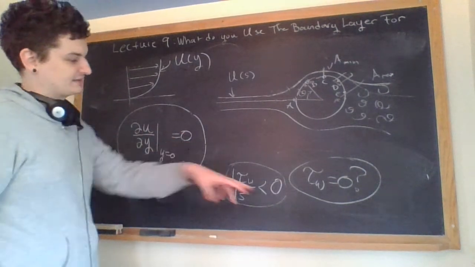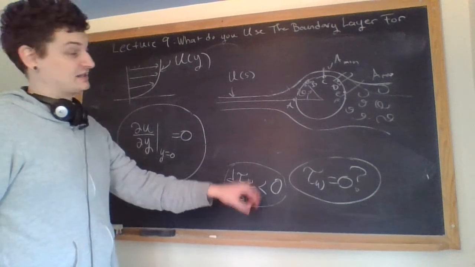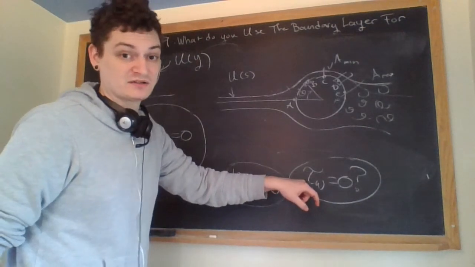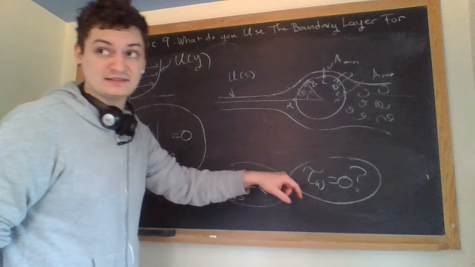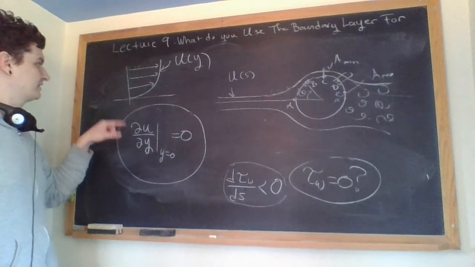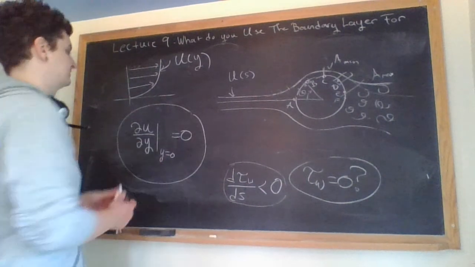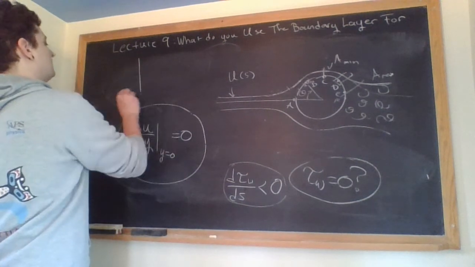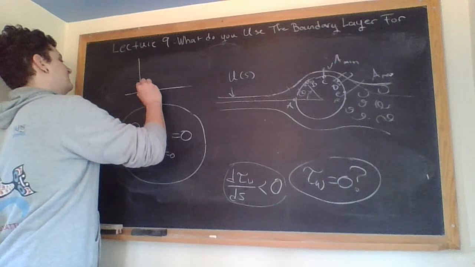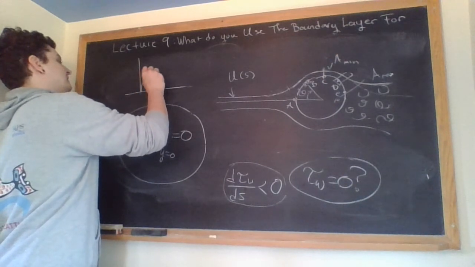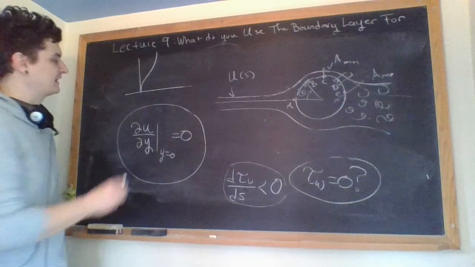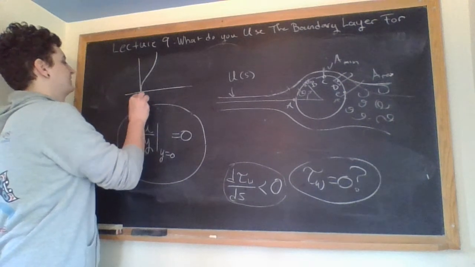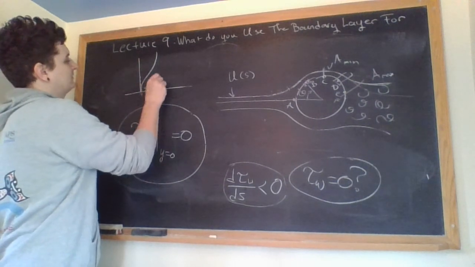So if I know my shear stress is decreasing as I go along S, eventually this shear stress at the wall would have to be 0. Now what does that mean? Well, that means that the gradient in the y direction would actually be 0. So it would not look like this, but it would do something like that, where right here, if I draw my tangent, it's 0.